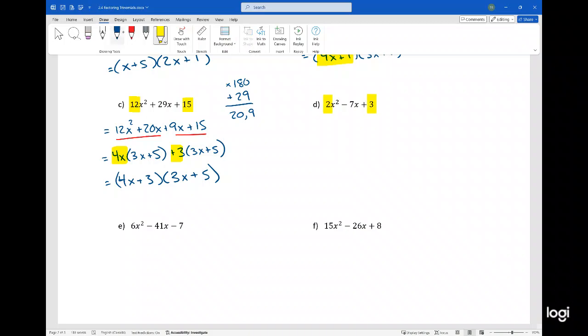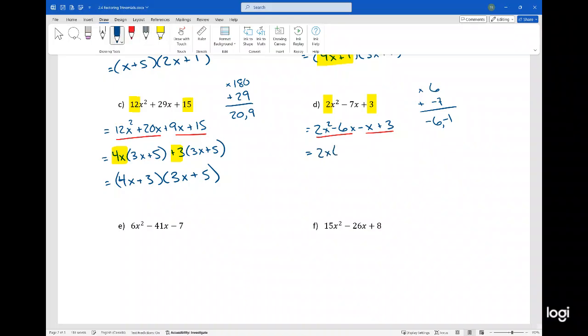So 2 times 3 is 6. I'm going to multiply to 6, add to -7. And that would be -6 and -1. So this equals 2x squared minus 6x minus x plus 3. Partial factor those first two.